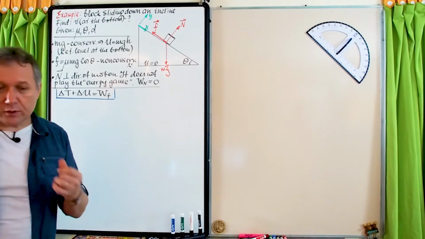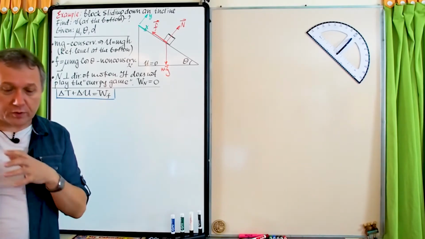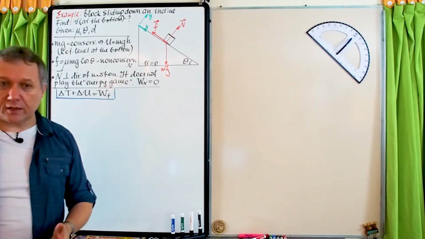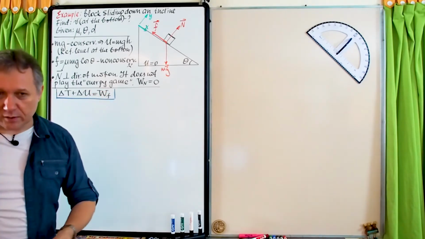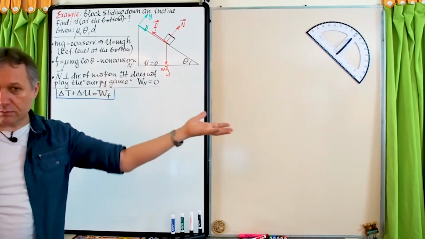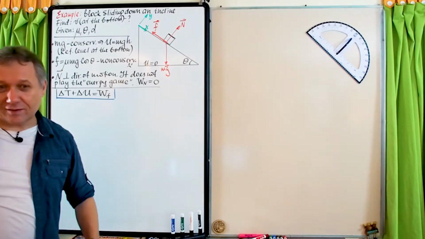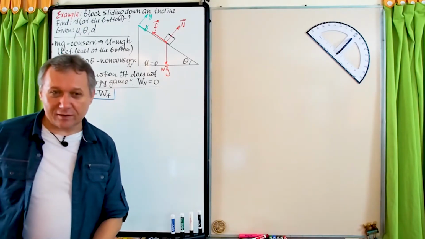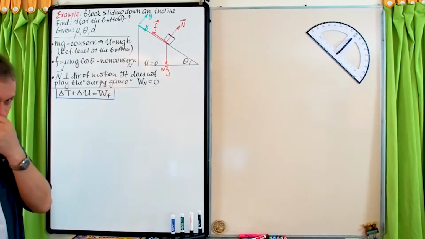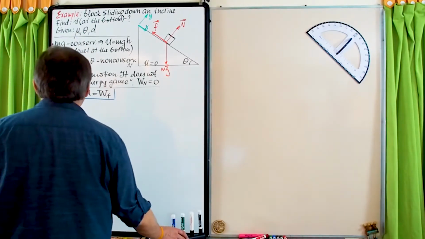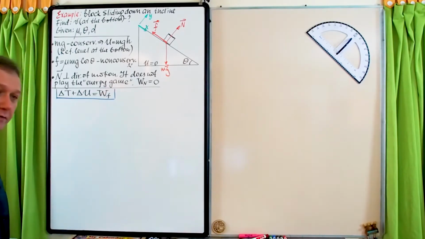I saw some students doing homework, they just start from the work kinetic energy principle and everything. We derived this from the work kinetic energy principle. So just get that, calculate all the work done by all the forces, and you will end up with exactly the same answer. Right? But anyway, we already derived this, so now let's try to use it.